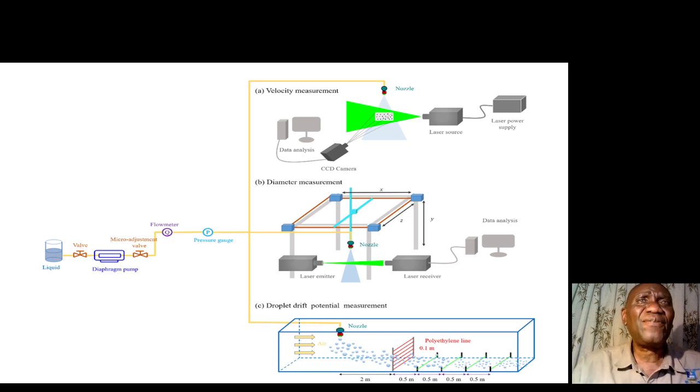So at the end of the experiment, some measurements will have to be taken so that we have an indication of drift. So these three parameters are important: the velocity or the speed of the droplet, its diameter, and the drift.